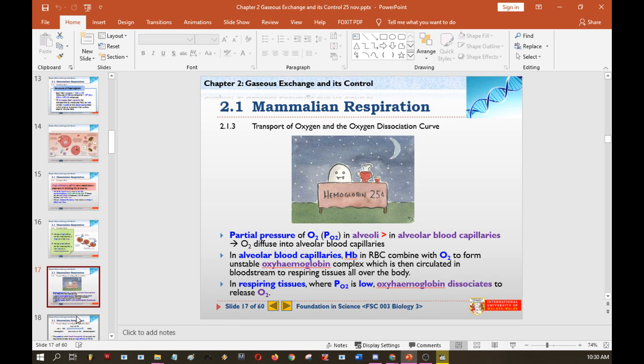In terms of diffusion, high goes to low. So the high oxygen in your lungs goes into your red blood cell, which is low in partial pressure. Conversely, you have CO2, which is high in the red blood cells. When it reaches the lungs, there is very low CO2 in the lungs, so it will go from the red blood cell to the lungs because of the difference in partial pressure.